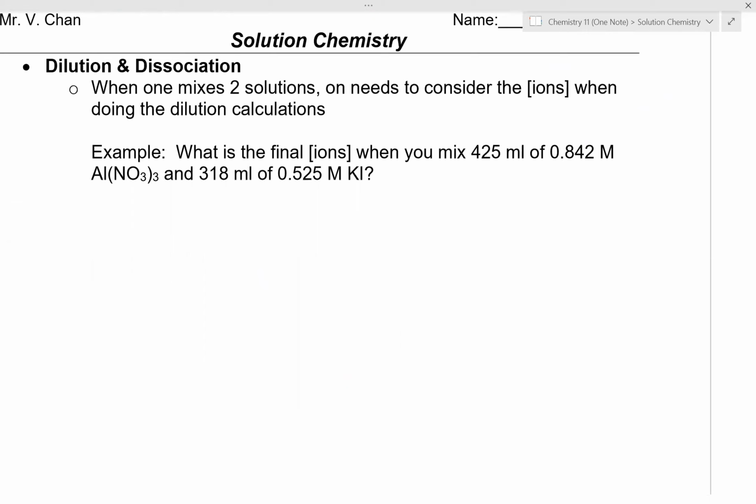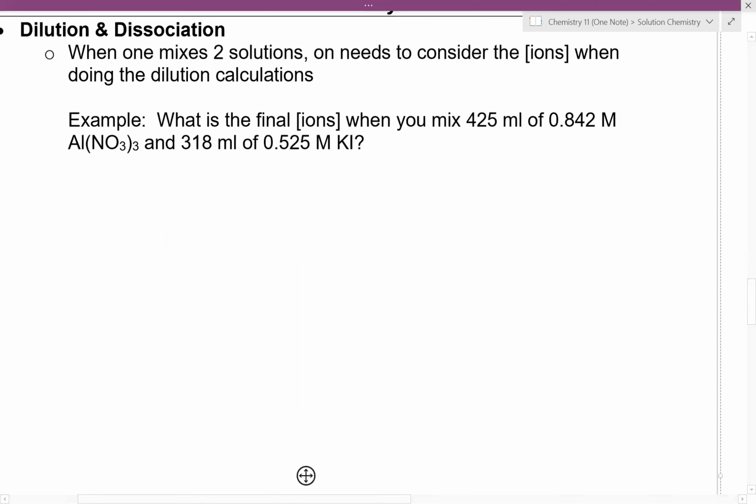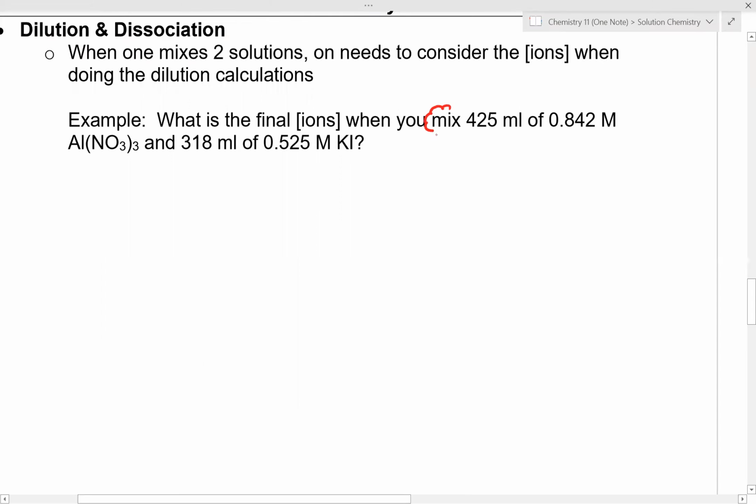So an example would be, what is the final concentration of ions when you mix 425 mils of 0.842 molarity aluminum nitrate and 318 mils of 0.525 molarity KI. Now, again, the key word here is mix.